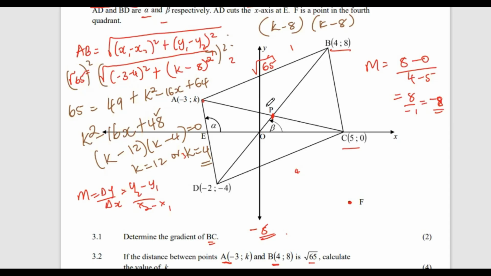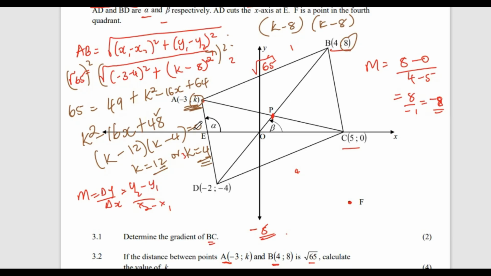Yeah, that's what it's giving us. Either K is a 12 or K is a 4. Oh, that's correct, guys. No need to stress. But when we look at where k is, this k is below the 8. So k cannot be a 12.